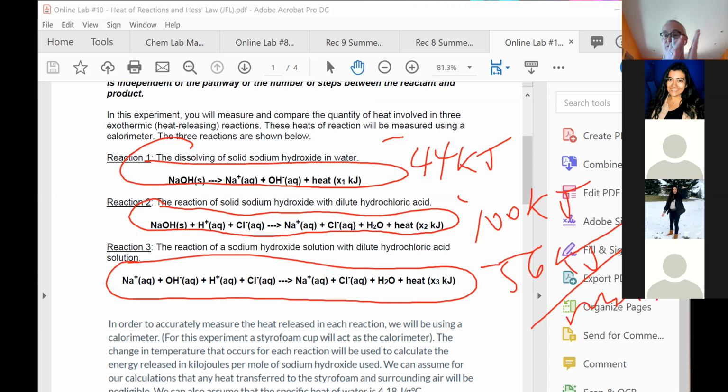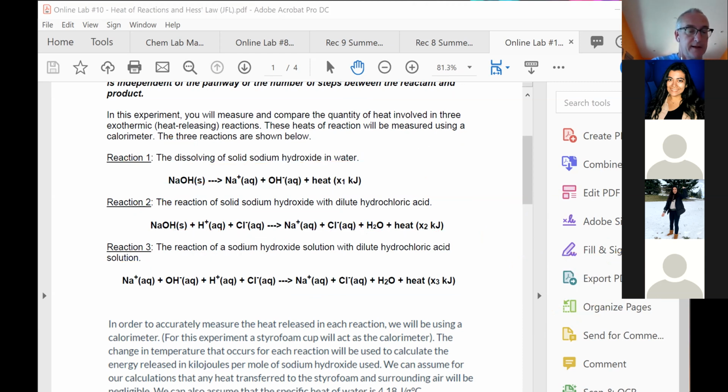If there's one reaction that's actually two taking place at once, we can break them down, add them together, and we should be able to add their heats together. So let's see if we can do that, okay? Let me clear this. Let's go back to the reaction.